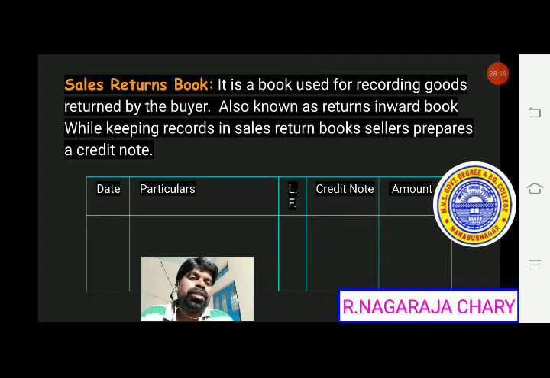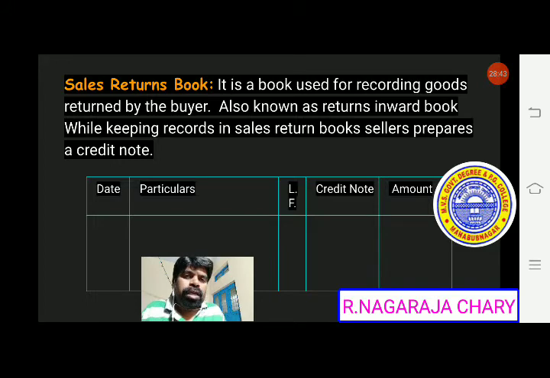This book is also needed to identify the sales returns we have in our company, in our organization. That information is given by this subsidiary book. I think you got the idea.